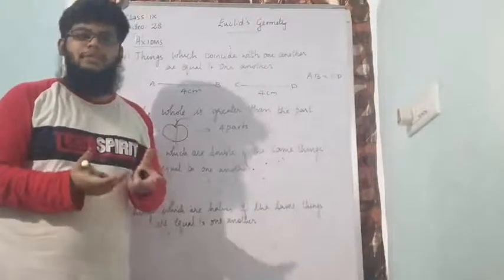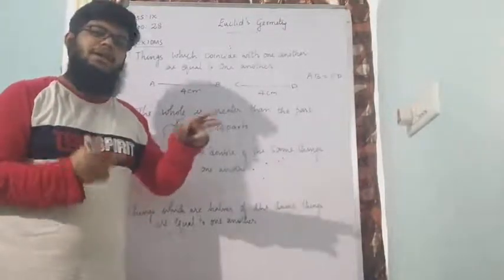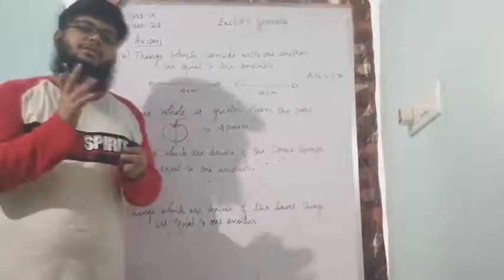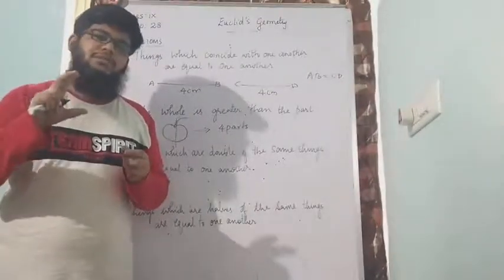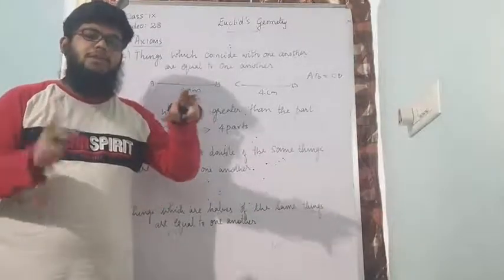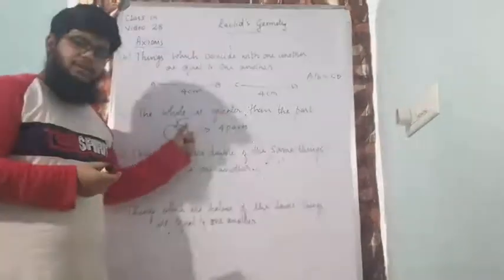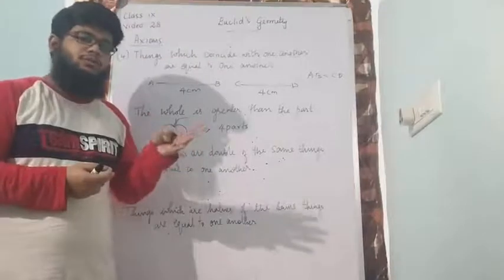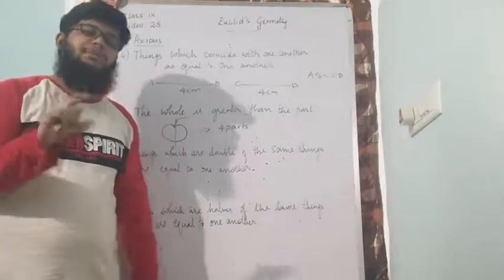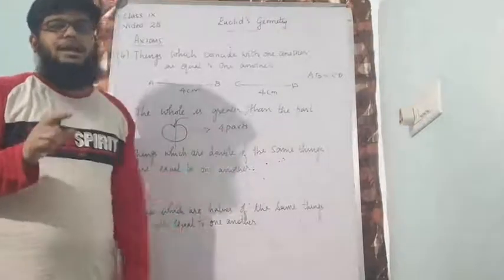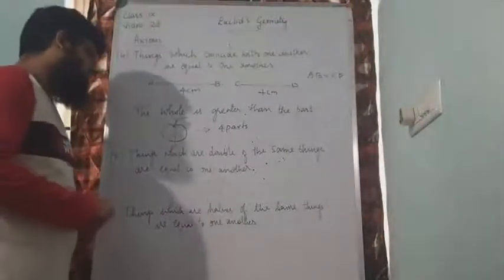Of course the whole apple will be greater. That is the meaning of whole is greater than the part. Whenever you have something and if you just take out a piece of that, that smaller piece will be smaller than the whole. So even in the case of apple here, if you cut the apple into 4 equal parts and if you just take out one piece, the whole apple will be greater or just one piece will be greater? Definitely the whole apple will be greater. So that is the meaning of axiom number 5.